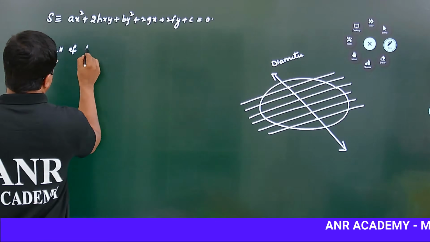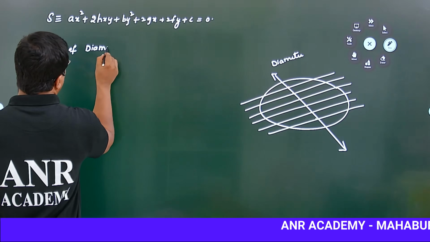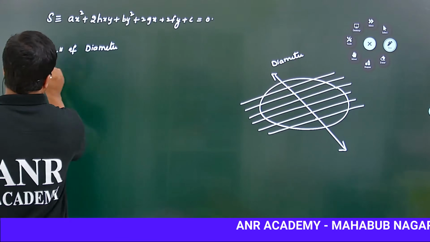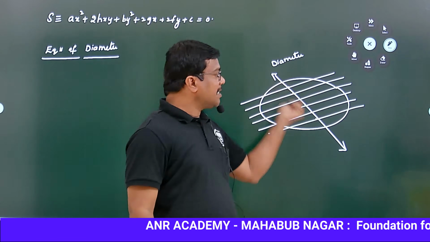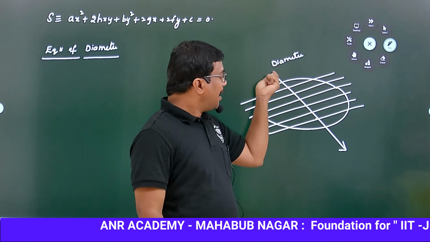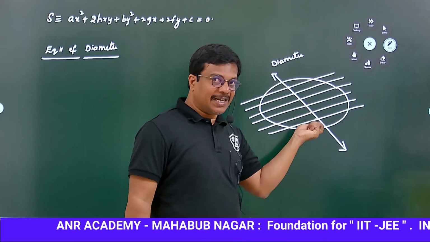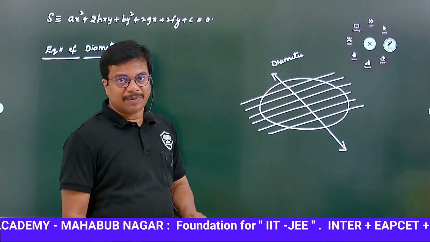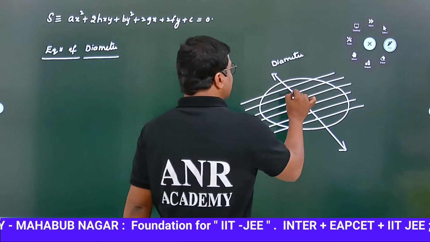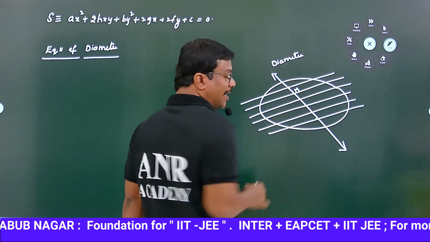Equation of diameter I am going to find. Observe the diameter. Diameter is a collection of points, and the collection of points indicates a straight line, but those points are middle points of parallel curves, remember. This is the middle point of a parallel curve.